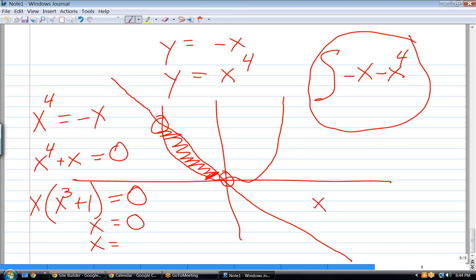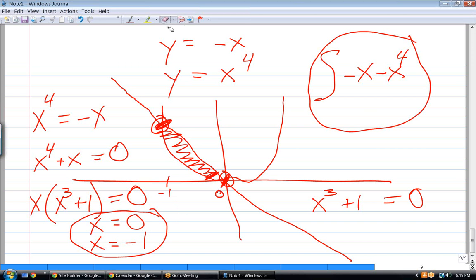If x cubed plus 1 is equal to 0, then x is equal to negative 1. So here's my two solutions, which represent this point here is x equal negative 1. This point here is x equals 0.